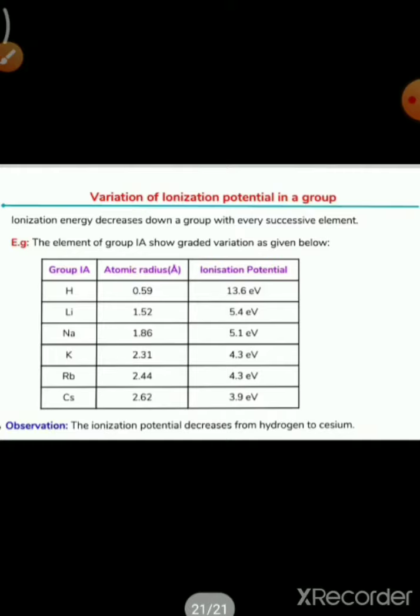So your ionization energy decreases down a group. Why? As your valence electrons will be very far from the nucleus, we need only less energy to remove the electron. Okay? So here you can see how the ionization potential decreases in a group.